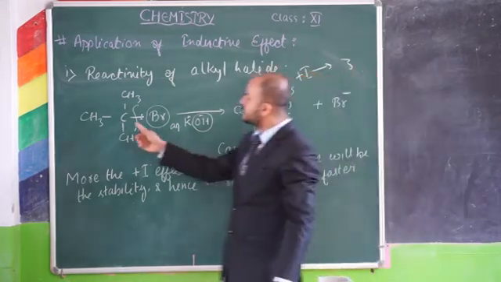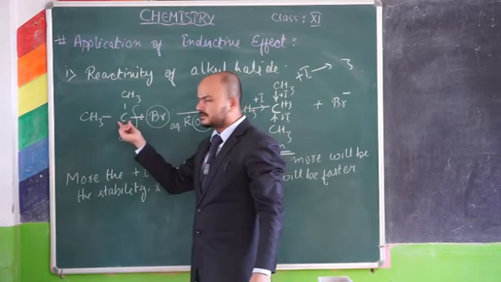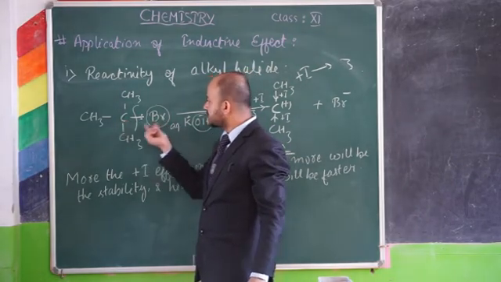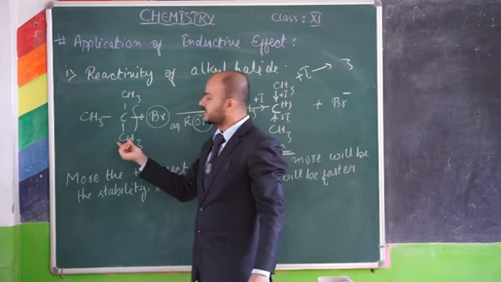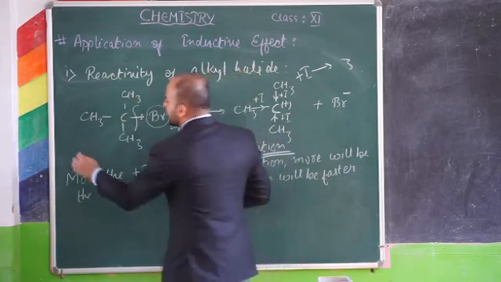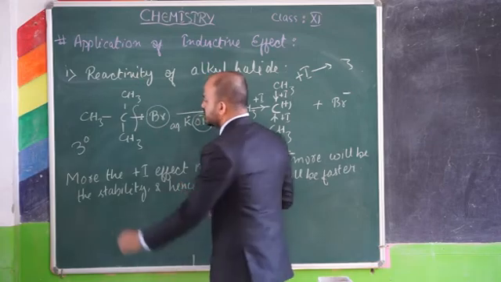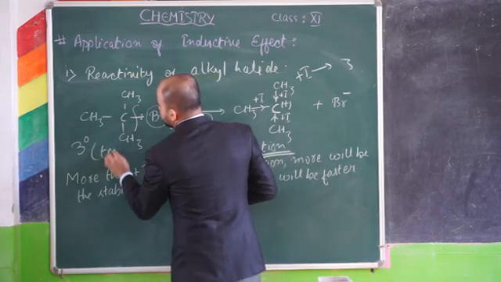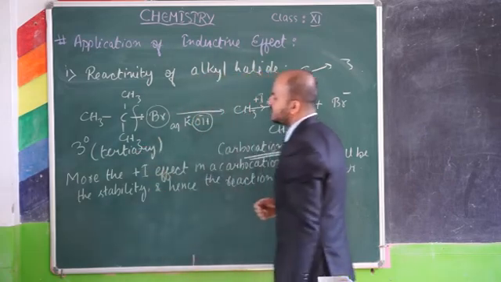And see this compound. This bromine is attached to this carbon. Now listen carefully. This carbon in turn is attached to 3 different carbons. Therefore, this is a third degree or tertiary alkyl halide.